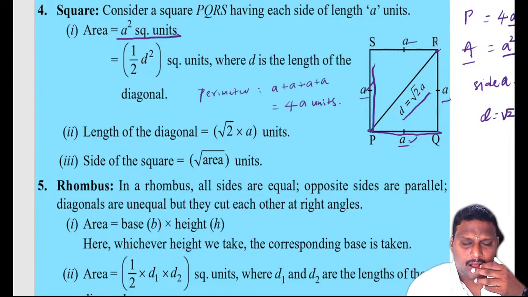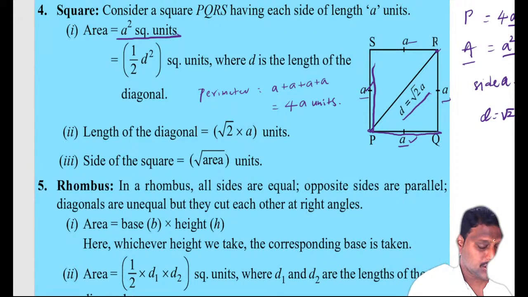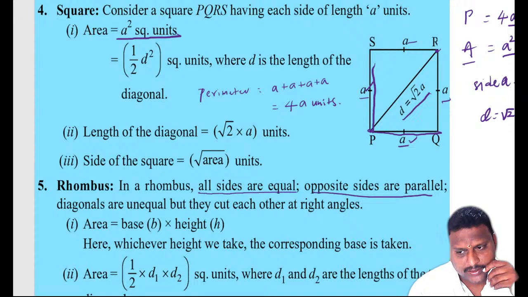In a square, all sides are equal. In a rhombus also, all sides are equal. Opposite sides are parallel, in a square also opposite sides are parallel.